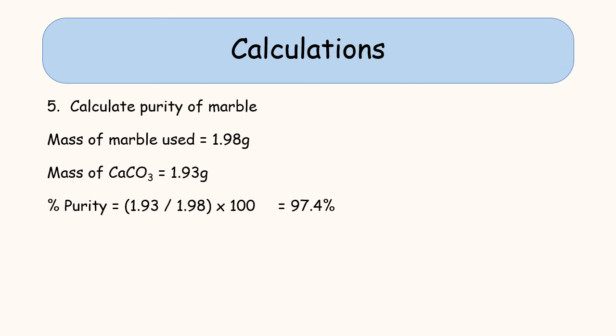So 1.93 divided by 1.98 multiplied by 100, which gives us 97.4%. Typically, for something like marble, we would expect the purity to be 90% or higher, and so 97.4% would be an acceptable answer.